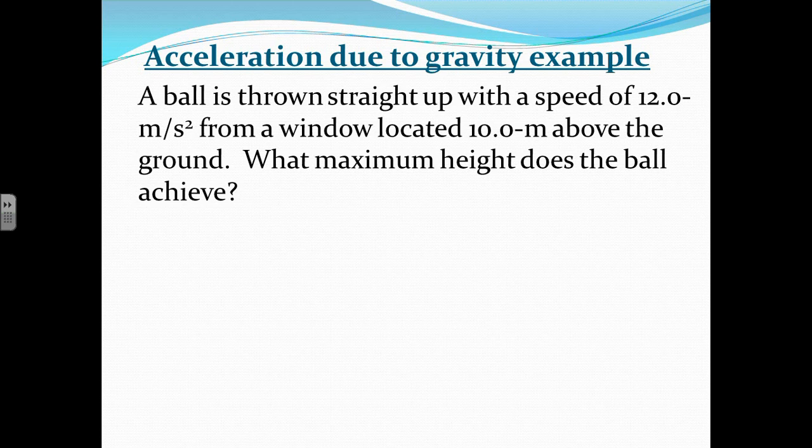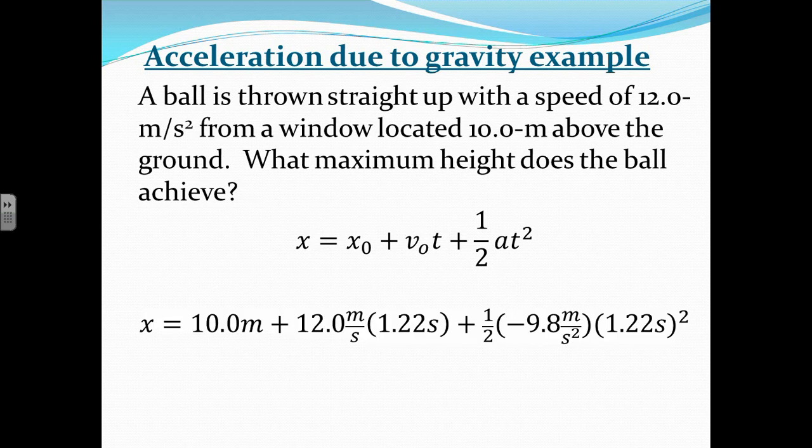If we want to find out what maximum height the ball achieves, we're going to use the equation position equals initial position plus initial velocity times time plus 1/2 at squared. Substituting in the values given, we have position equals 10 meters plus 12 meters per second times 1.22 seconds plus 1/2 multiplied by negative 9.81 meters per second squared times 1.22 seconds squared.